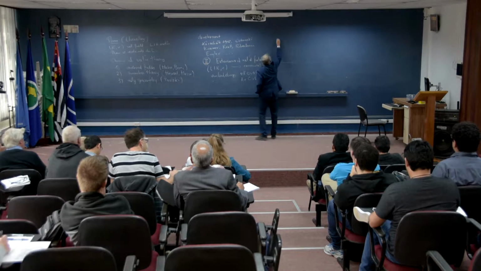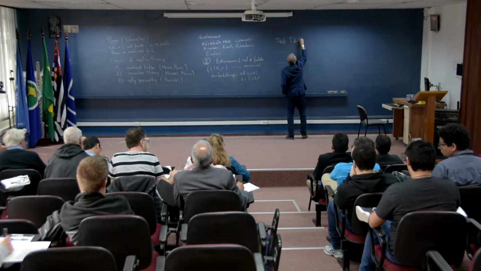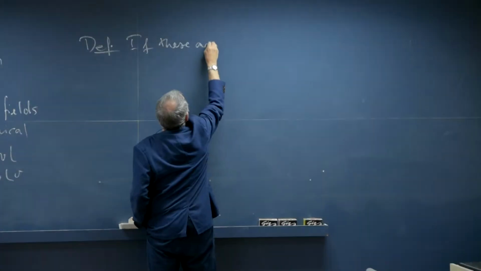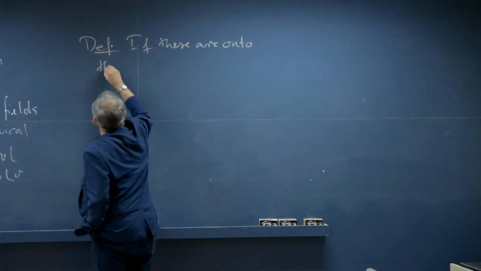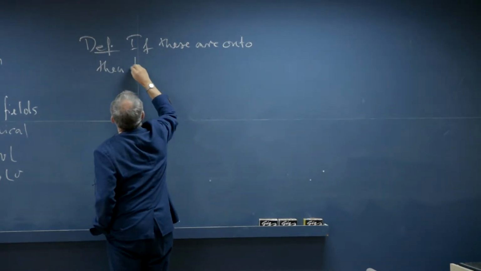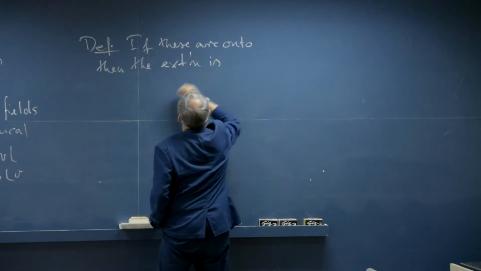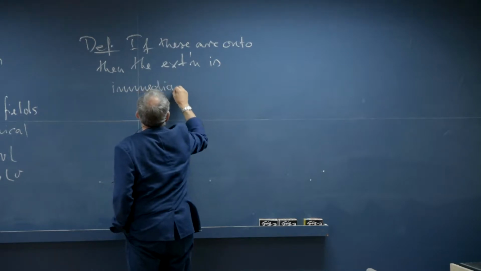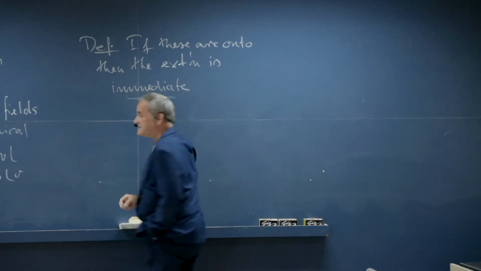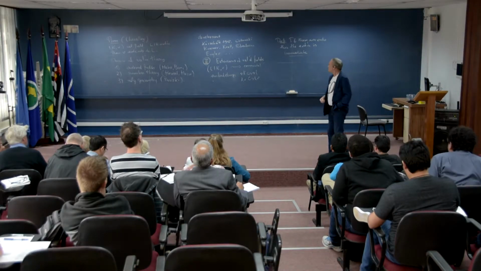So, definition: then the extension is called immediate. On the one hand, this is nice. We will see situations where we have very good immediate extensions.